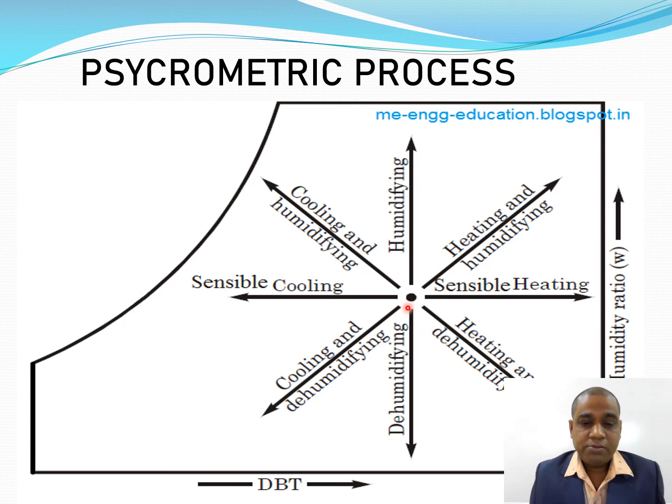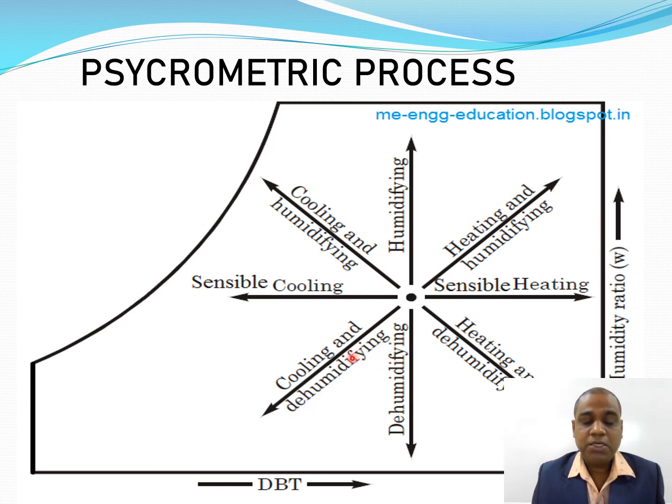And one line represents the southwest direction, that is cooling and dehumidifying. The dry bulb temperature gets reduced, and the specific humidity also gets reduced. That means dehumidifying.